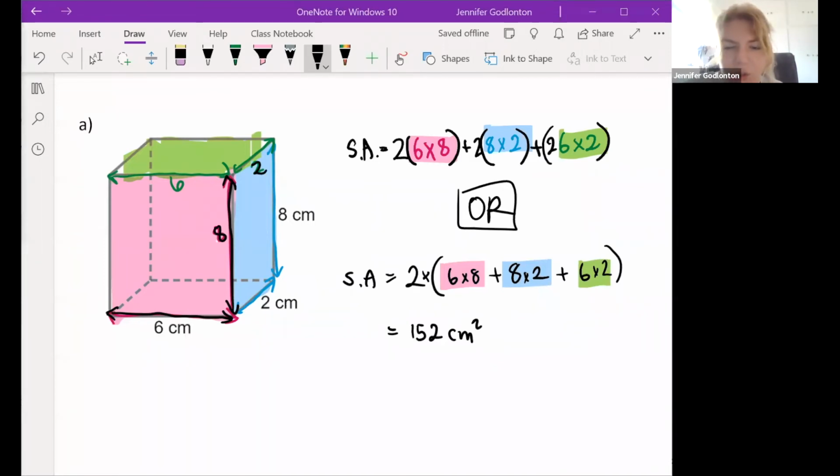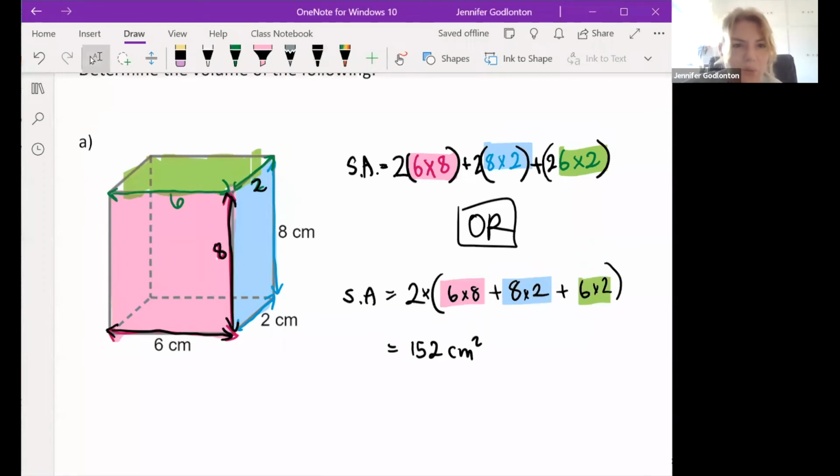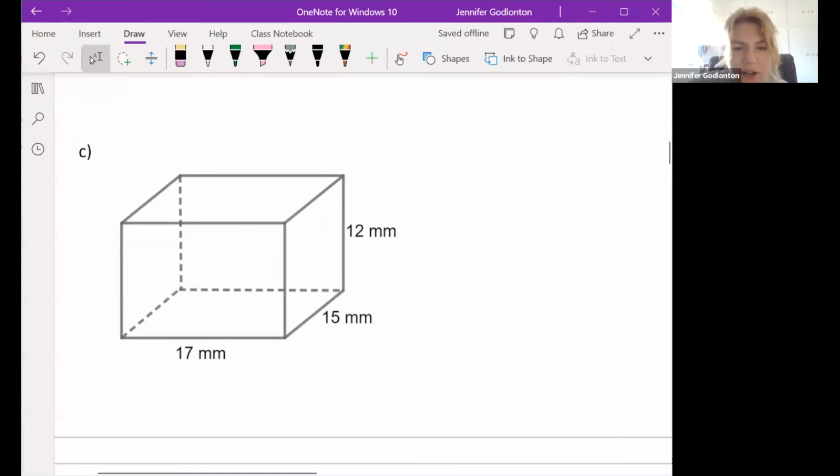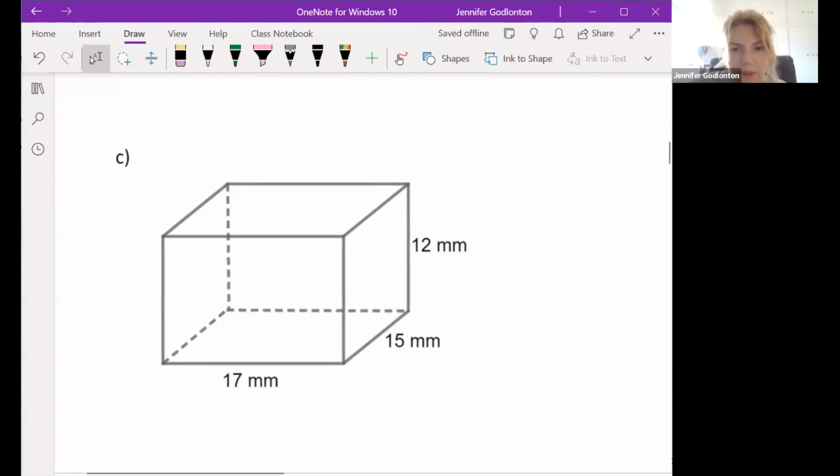Let's see how you guys do with an example by yourselves. Let's try this one over here. So I'm going to help you out a little bit with this one, just because it's the first one you're doing alone. I'm not going to tell you what to do.